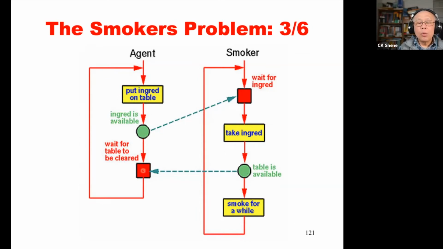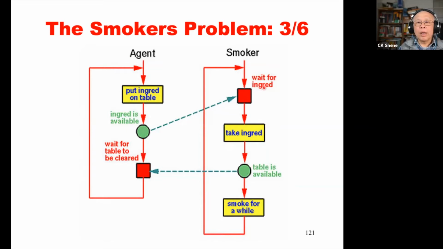And then it waits for the table to be cleared by that smoker. Once the table is cleared, the agent is able to put 2 more ingredients on the table and tell the smoker who needs them, then wait for the table to be cleared.